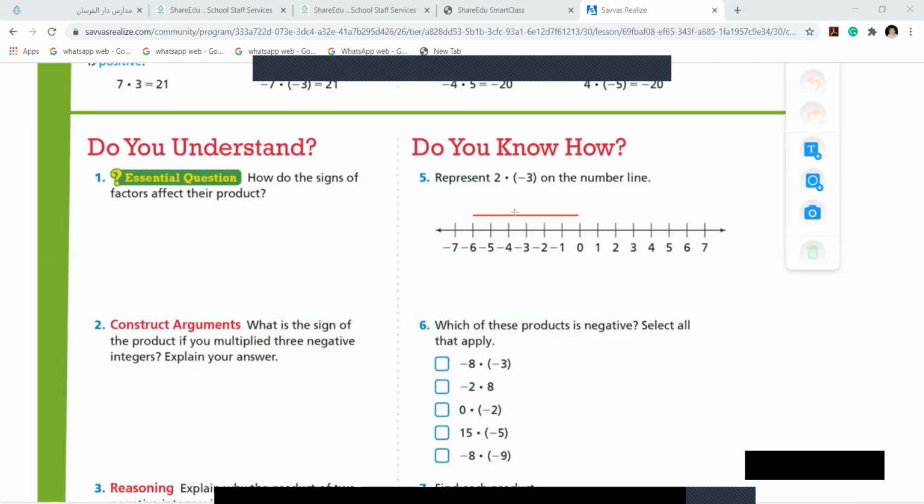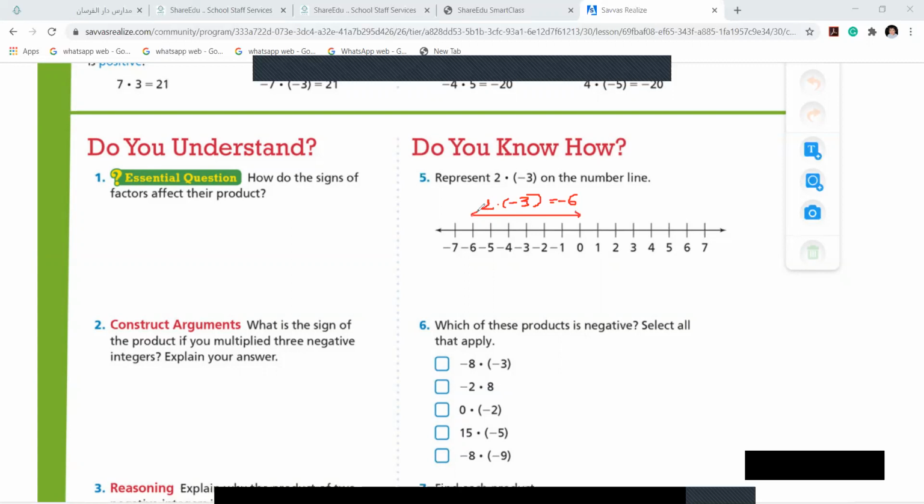So I just represent here and then I write down that 2 times minus 3 equals minus 6. Okay? Understood? It's very easy. If you need to, put these arrows.